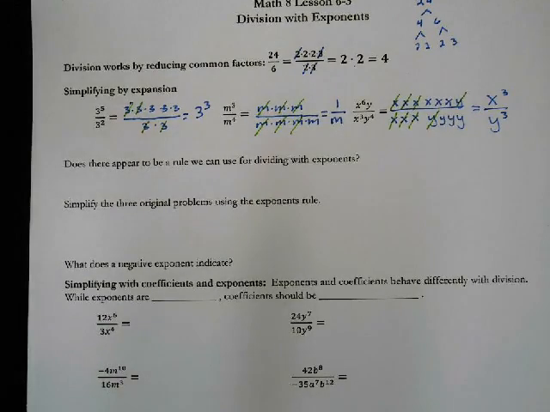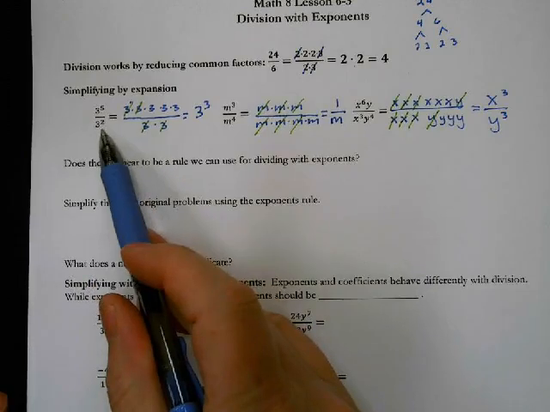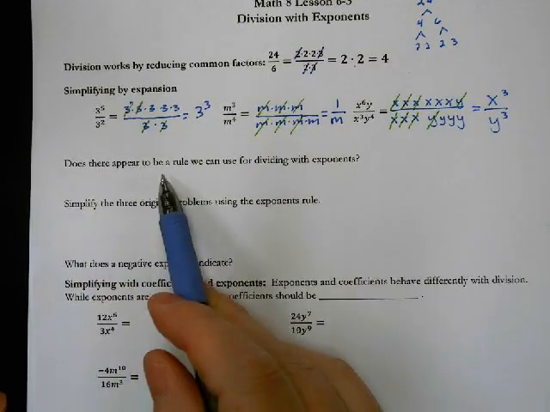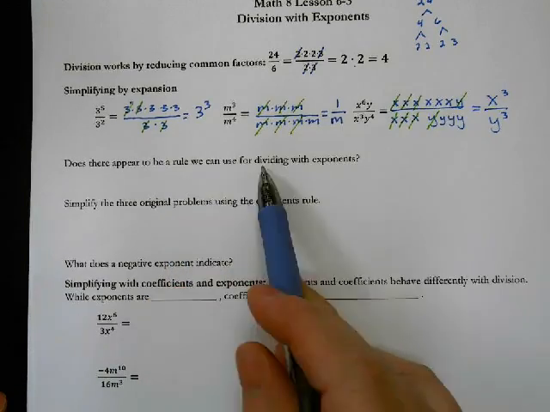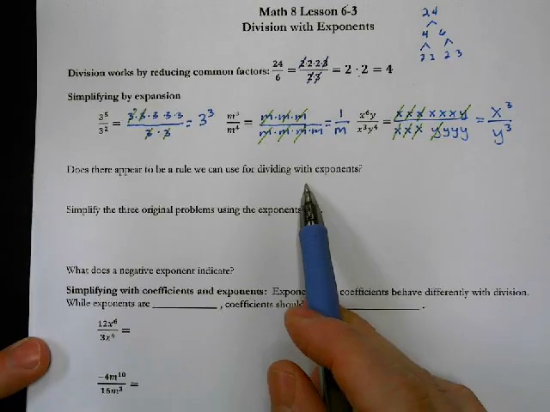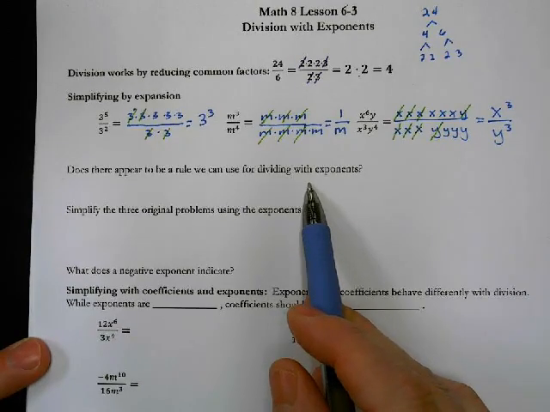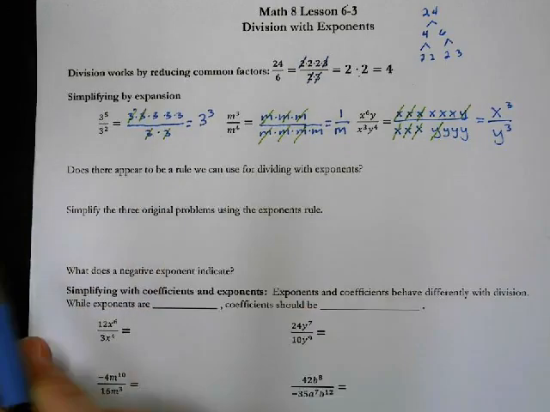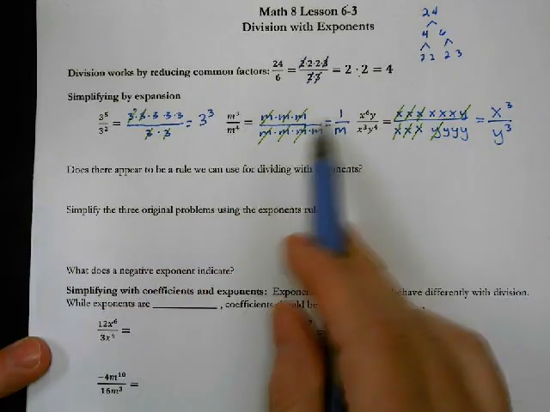All right, so look really closely at what we started with and what we ended with, and see if you can make up a rule for dividing with exponents. You can pause here, try to come up with your own rule, and see if you're right. So here I did 3 to the 5th over 3 to the 2nd, got 3 to the 3rd. M to the 3rd over m to the 4th, 1 over m.